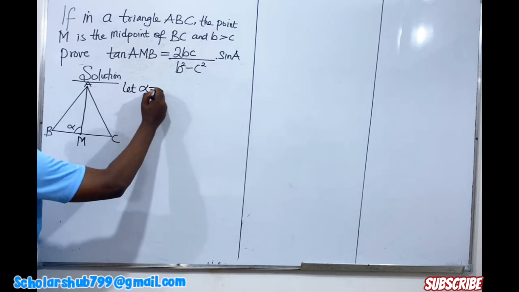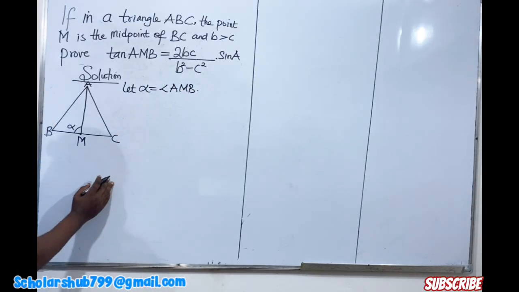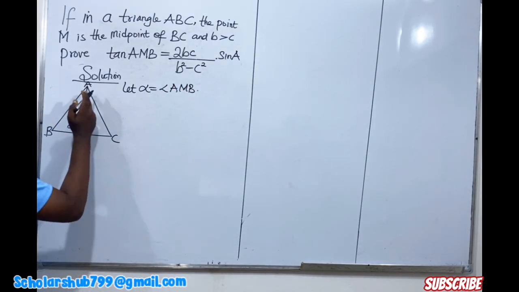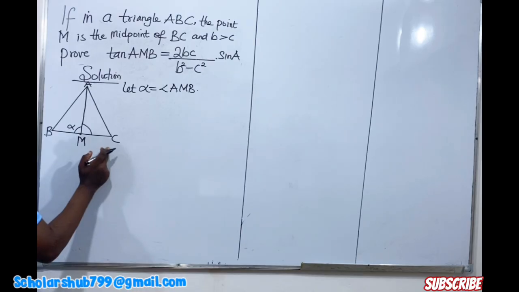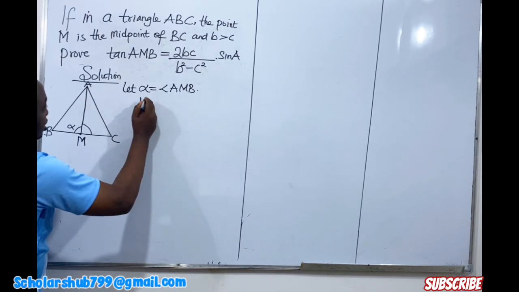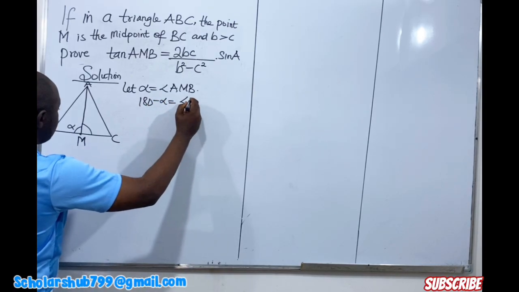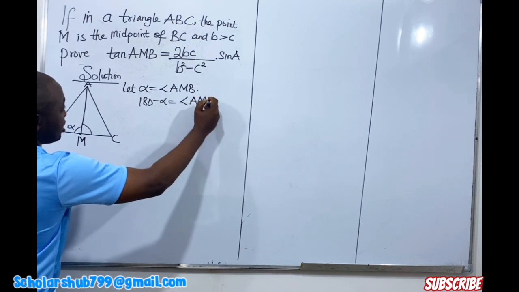So let alpha equal angle AMB. Then the angle between AM and MC will be 180 minus alpha, which is angle AMC.